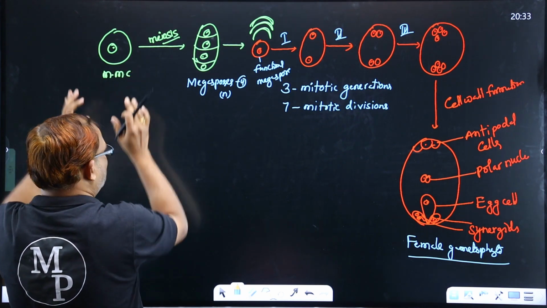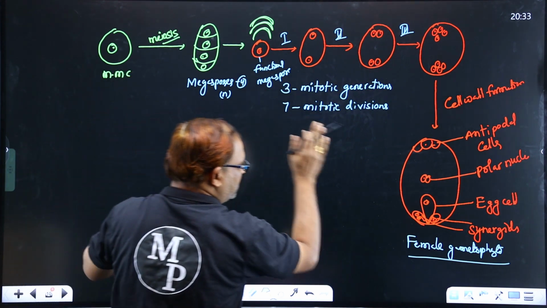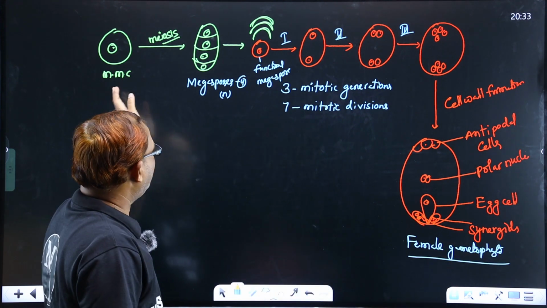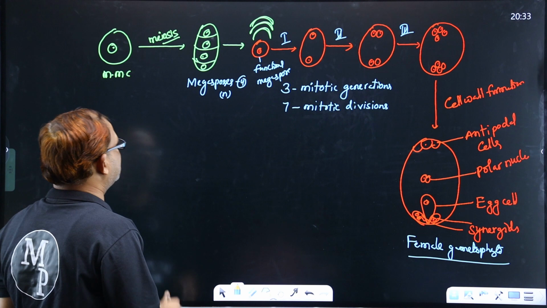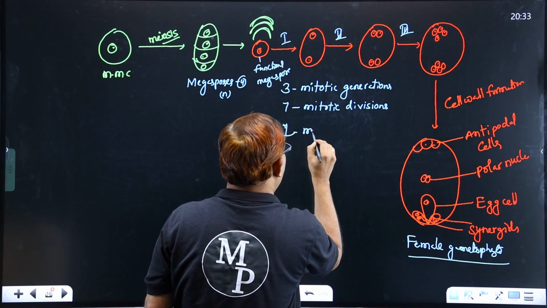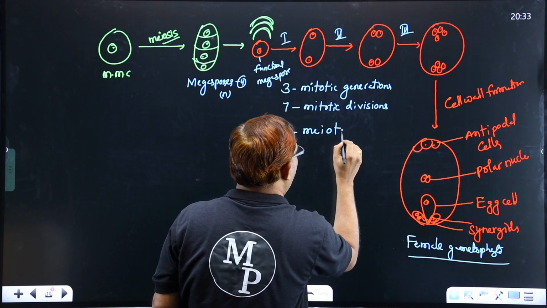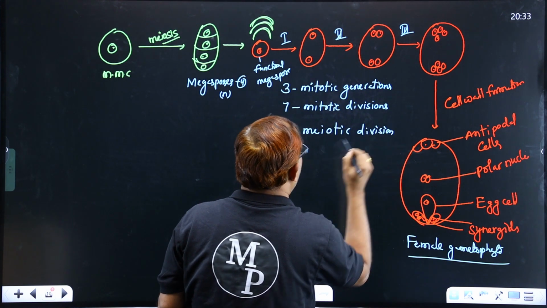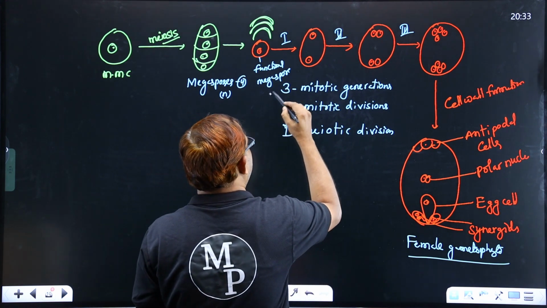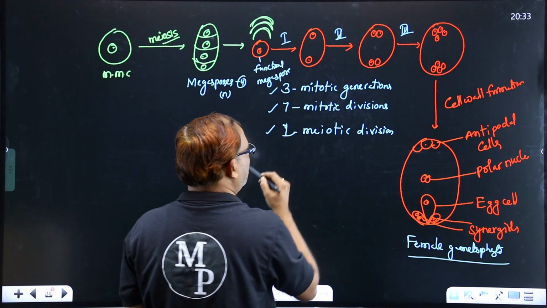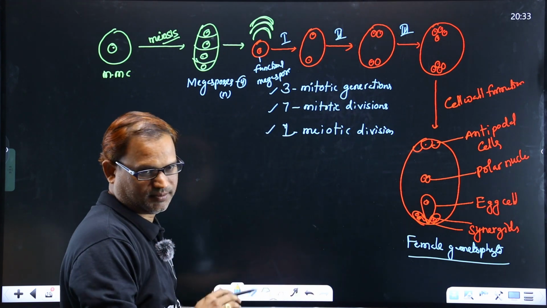MMC means megaspore mother cell. To form the complete female gametophyte, only 1 meiotic division takes place, 3 mitotic generations, and 7 mitotic divisions.